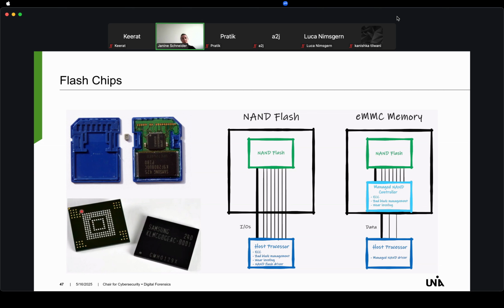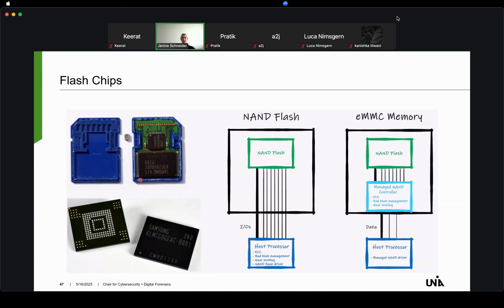It's actually, how do you say it? Something very special about eMMC. If you are not sure whether you have an eMMC chip or a NAND flash chip in front of you, you could of course use the form factor, but also the general look of the chip to differentiate between the two.